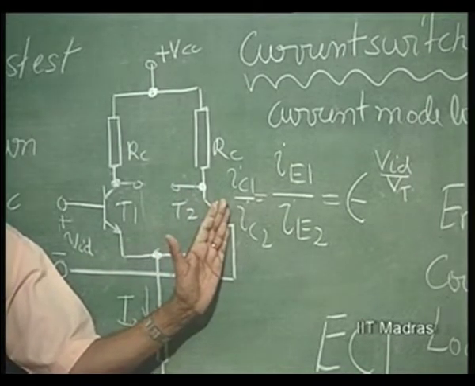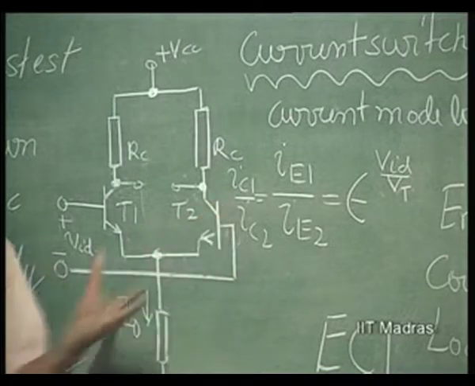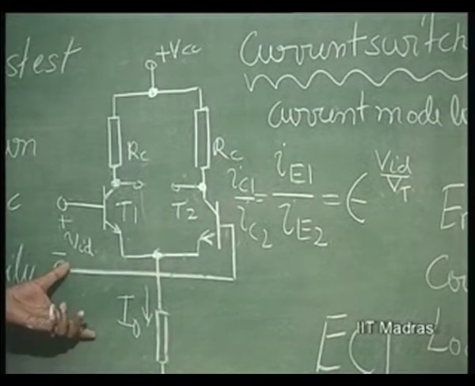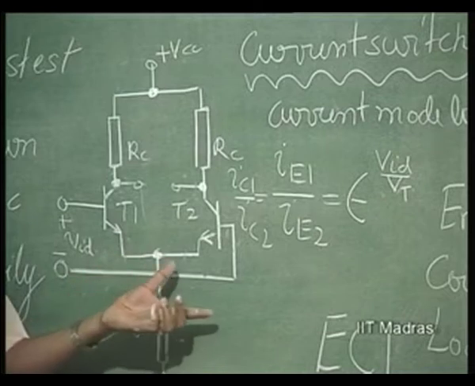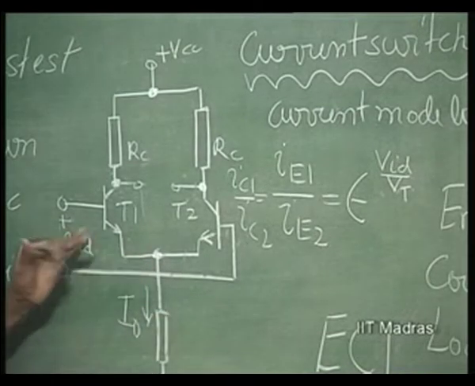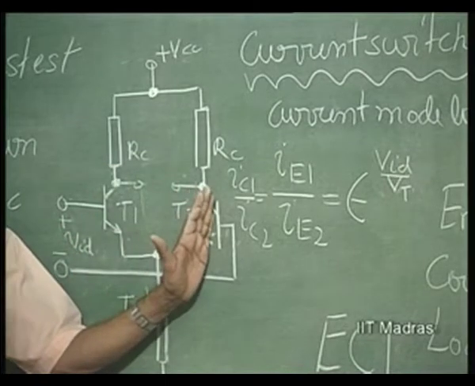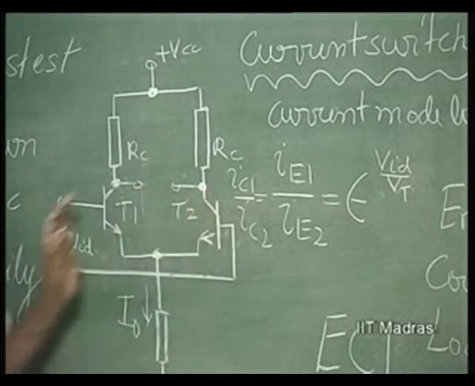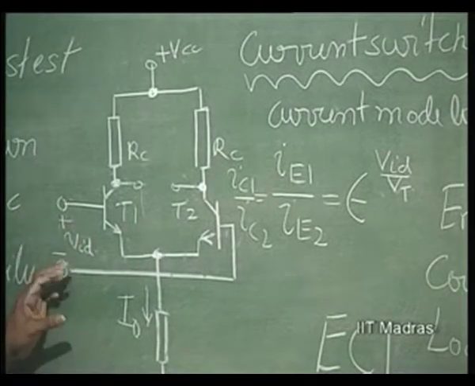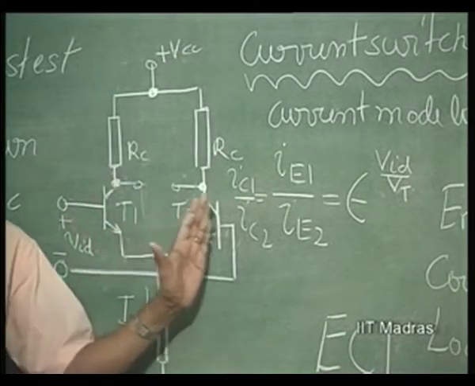Is it clear? This is always the case in making a measure of what kind of voltage you require for such drive. I want this transistor to get 90% and this transistor to get 10%, that will be one voltage. The other voltage will be when this is 10% and that is 90%.